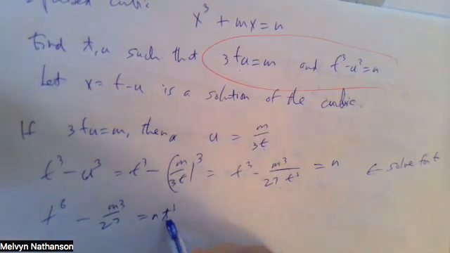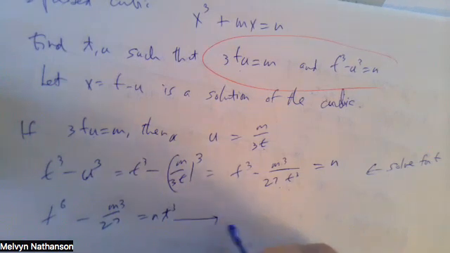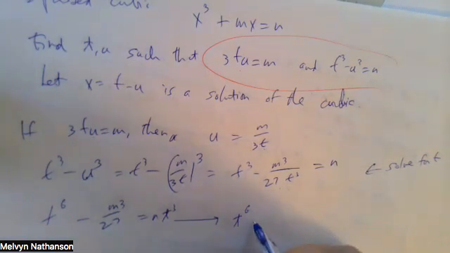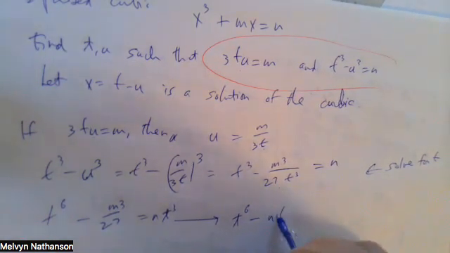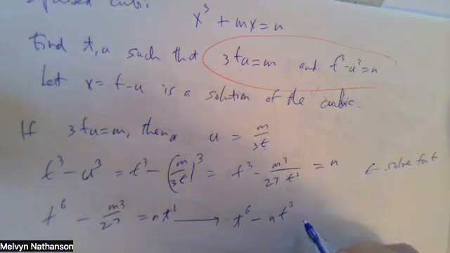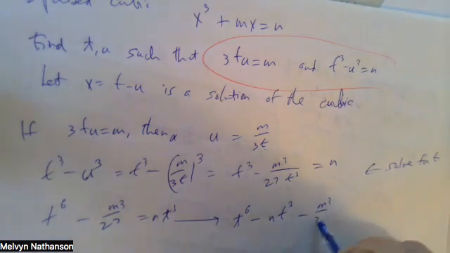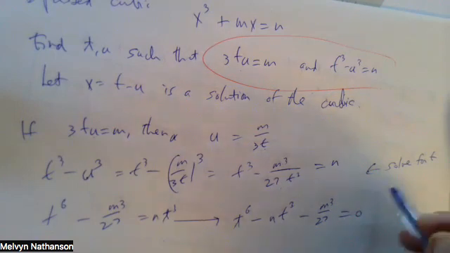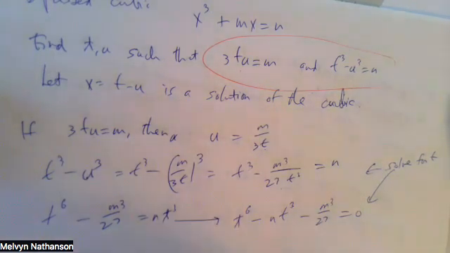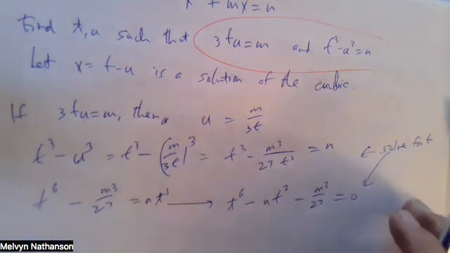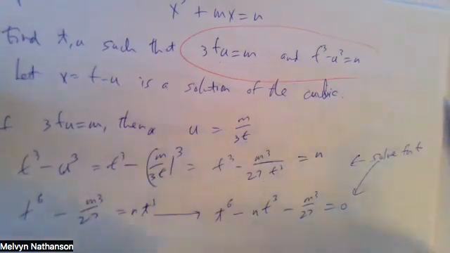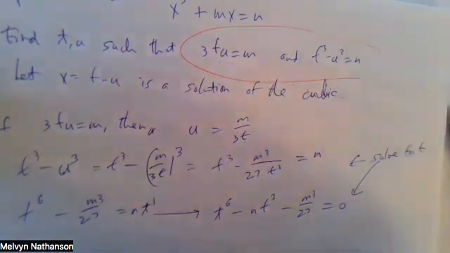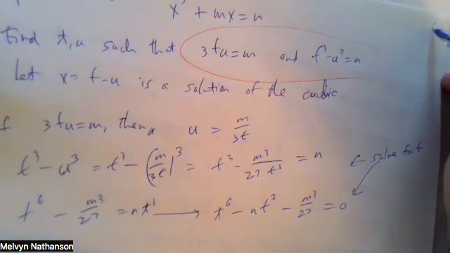Or if I bring this to the other side, I have t to the 6th minus nt cubed minus m cubed over 27 equals 0. Solve this for t. And you might say, well, now that's ridiculous because we started with the cubic that we were trying to solve, and suddenly we have a polynomial of degree 6 that we want to solve.